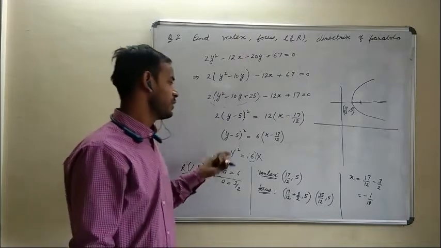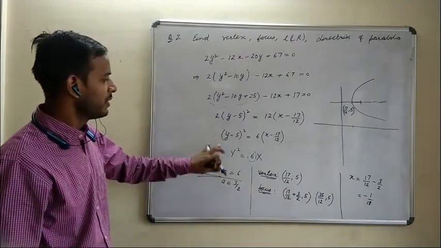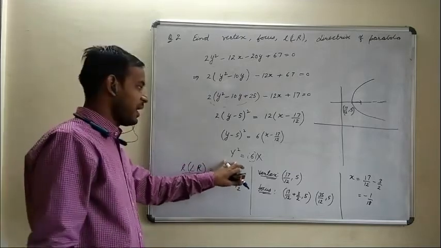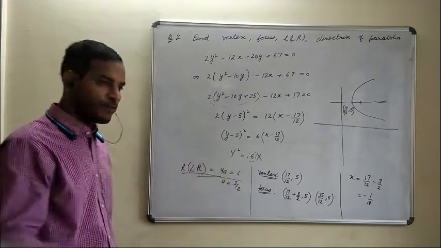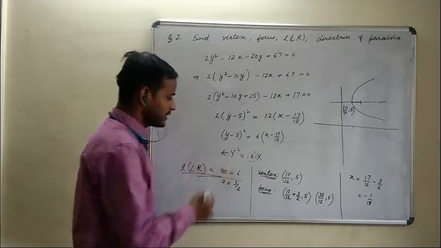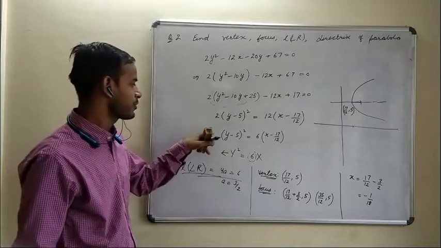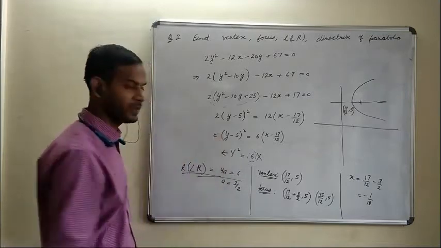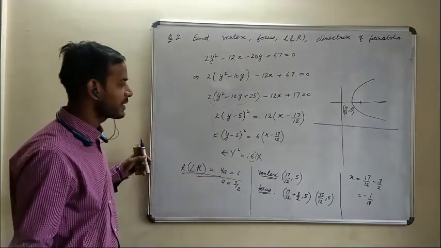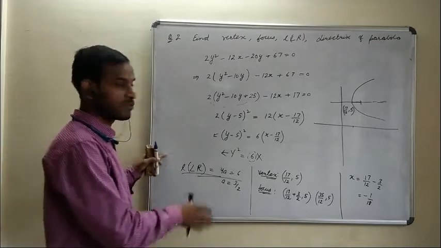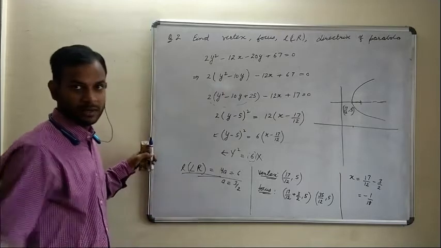Okay, if you would have shifted this particular parabola to this particular equation, then you would have to find all the parameters for this equation and then shift them back to this particular system. Indirectly it doesn't matter because you have also used shifting of origin over here, but in a simpler way.